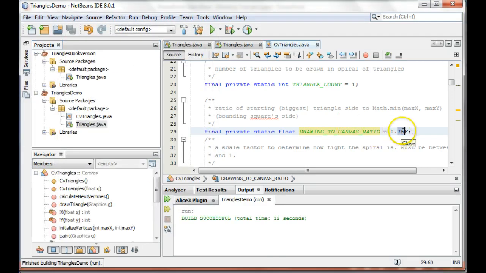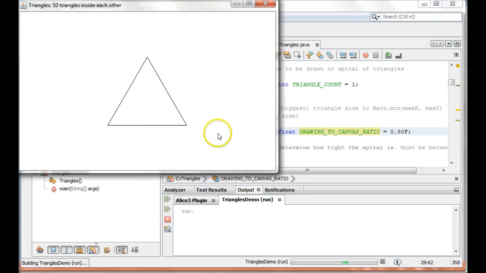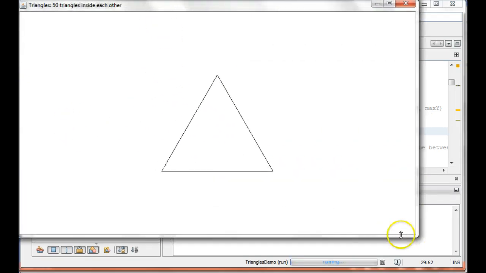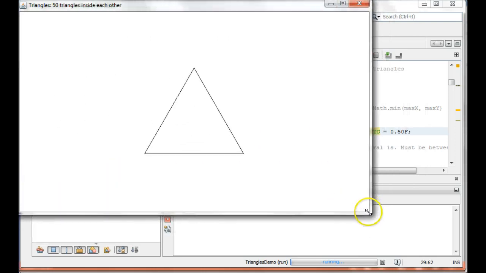Or if we made it like 50%, what would that look like? Okay, so now the triangle is much smaller in relation to the canvas. The canvas gets bigger, the triangle still gets bigger, but we have more of a margin.